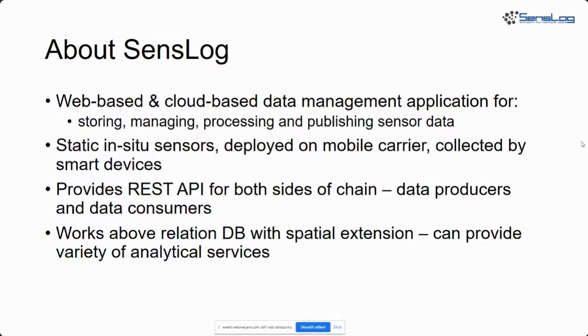It is suitable for in-situ sensors as well as sensors deployed on some mobile carrier, or data collected by smart devices, such as volunteered geographic information. SensLog works with a REST API, so it's possible to communicate with the solution with a complete set of web services, and to connect it with other applications.